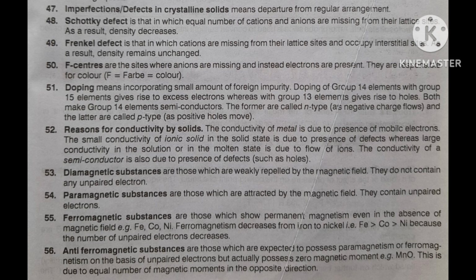Particularly these electrons are responsible for color. F centers are those sites where anions are missing and instead electrons are present. They are responsible for color. That's why it is called F center.